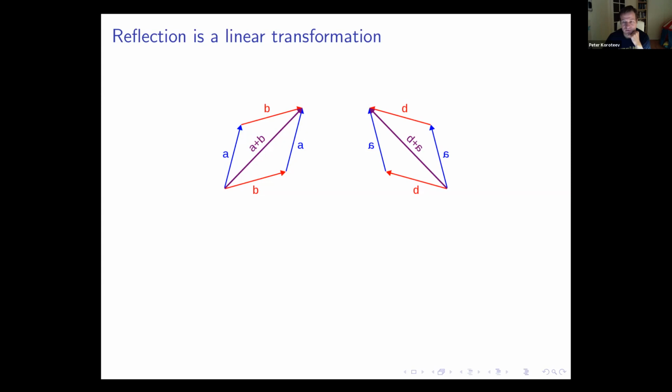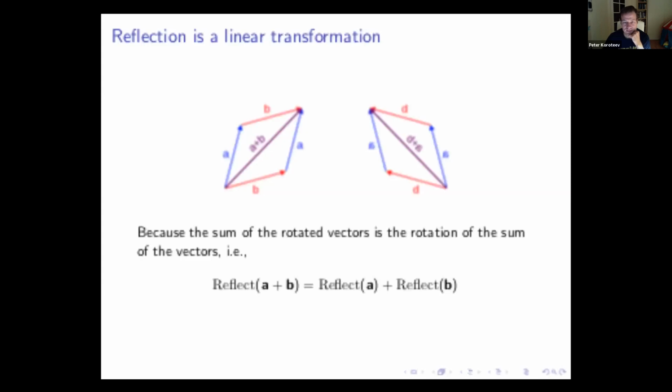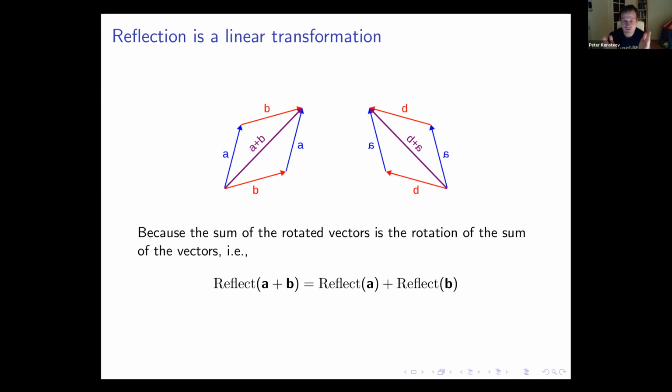Reflection is also a linear transformation, right? So here, the sum of the rotated vectors is the rotation of the sum, and the sum of the reflected vectors is also the reflection of the sum, right? You do reflection of every vector relative to, in this case, this axis, right?